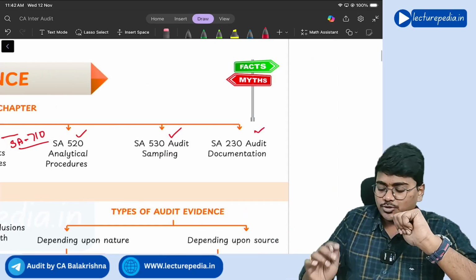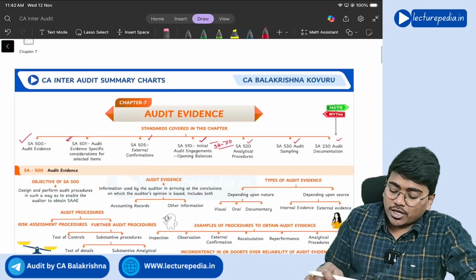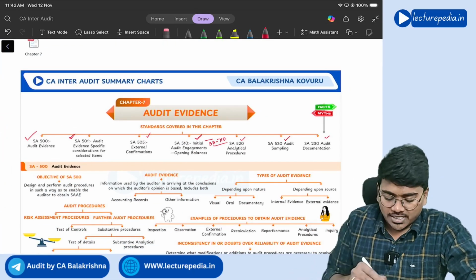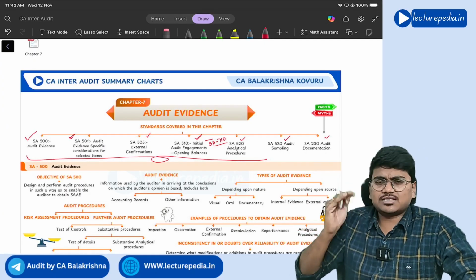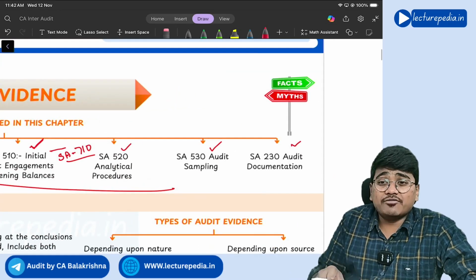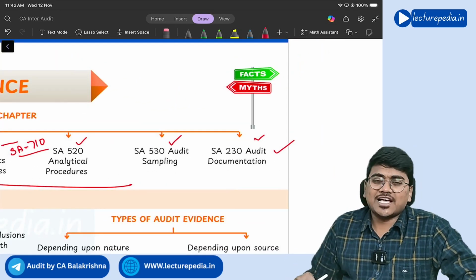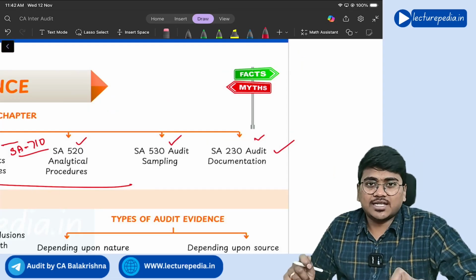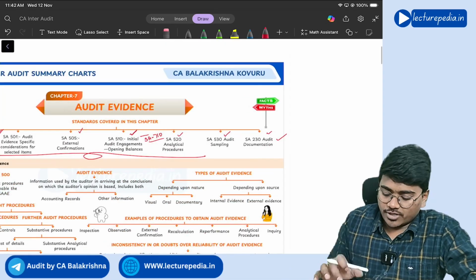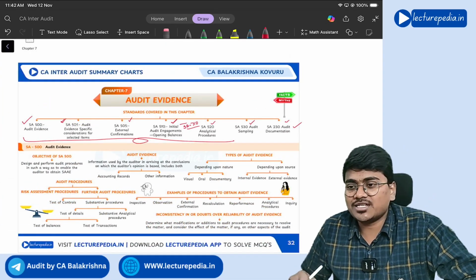And finally SA 230, which is audit documentation. So whatever the evidences that you have obtained in all these standards or various other standards, those evidences needs to be properly documented as per the requirement of SA 230, right? So we will be covering these standards in this particular chapter.